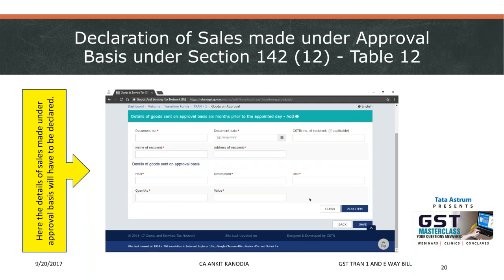Vide notification 34 of 2017, central tax dated 15 September, Rule 120A was introduced, which stated: every registered person who has submitted a declaration electronically in TRAN-1 within the time specified in Rule 117, 118, 119 and 120 may revise such declaration once and submit the revised declaration in Form TRAN-1 electronically on the common portal within the time period specified in the rules, or such further period as may be extended by the Commissioner in this behalf.